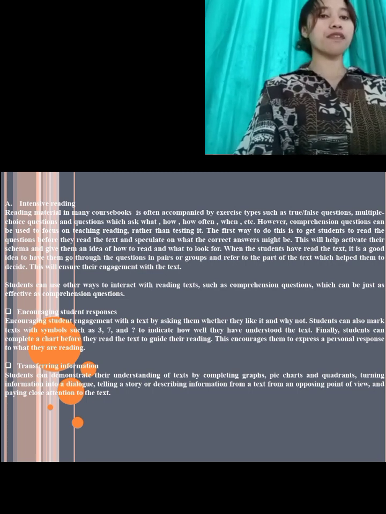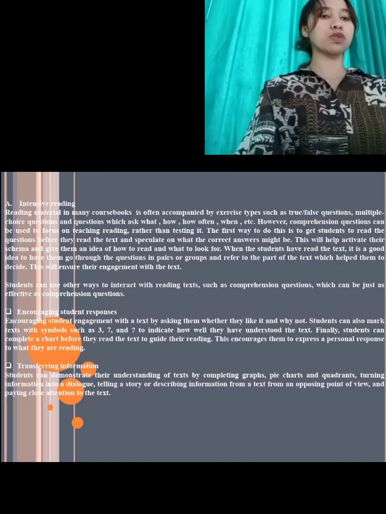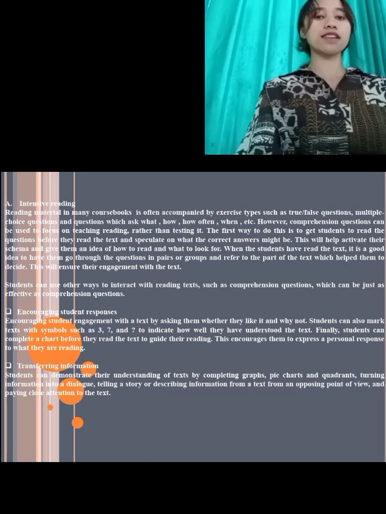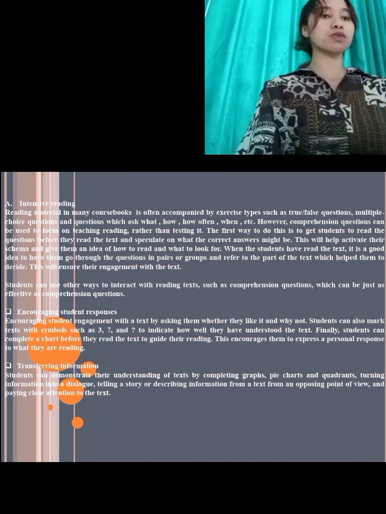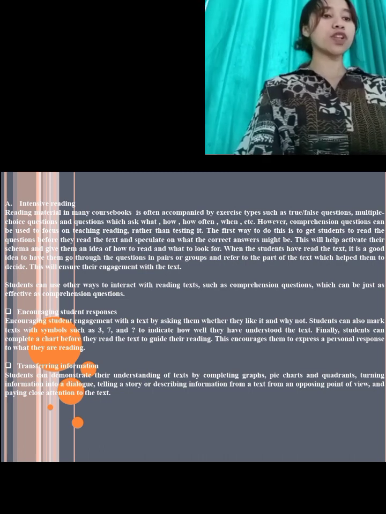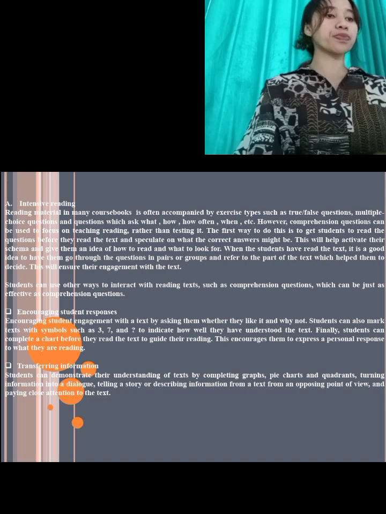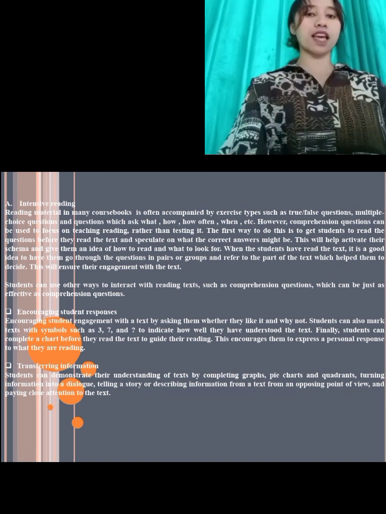When the students have read the text, it is a good idea to have them go through the questions in pairs or groups and refer to the part of the text which helped them to decide. This will ensure their engagement with the text.